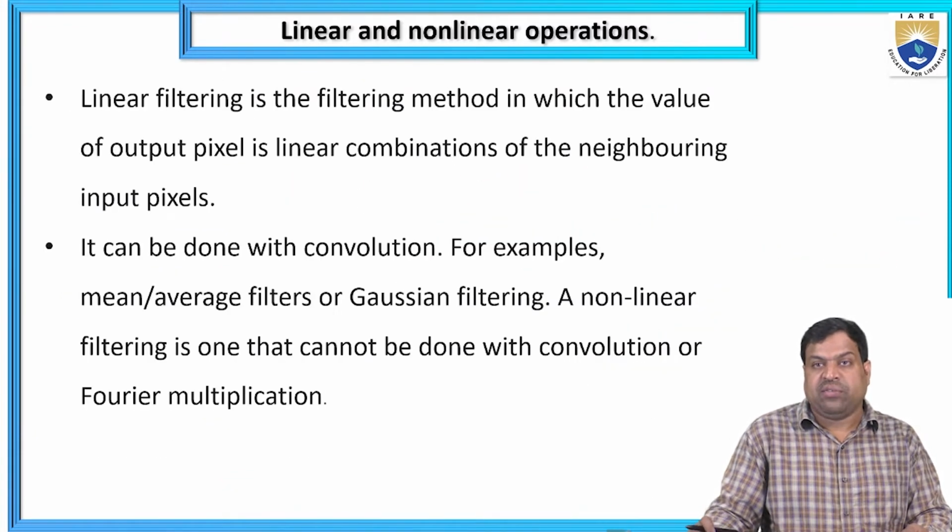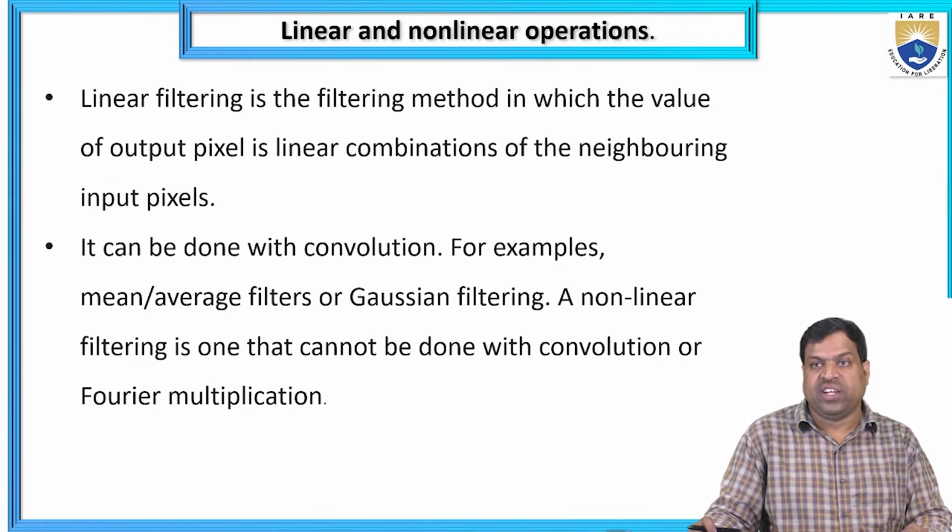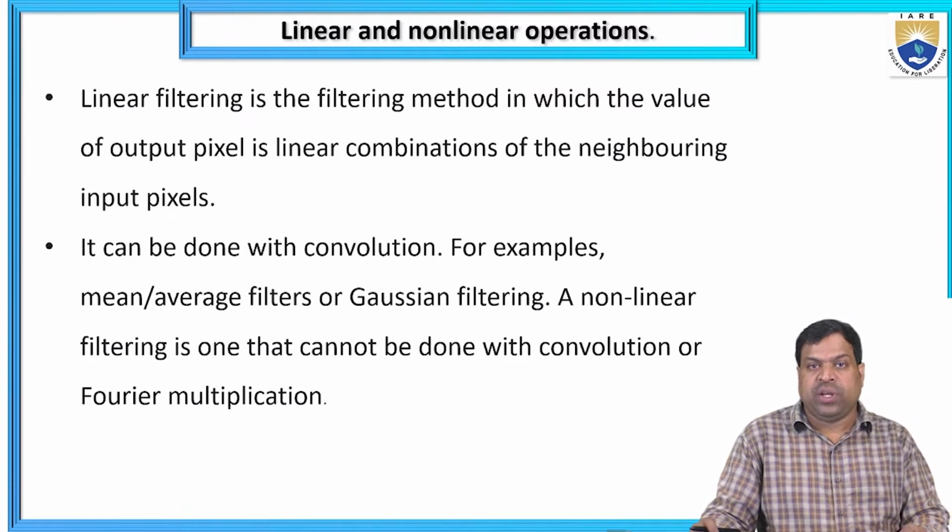So linear filtering is a filtering method in which the value of the output pixel is a linear combination of the neighboring input pixels, and it can be done with convolution. For example, mean or average filters or Gaussian filter. A nonlinear filtering is one that cannot be done with convolution or Fourier multiplication.